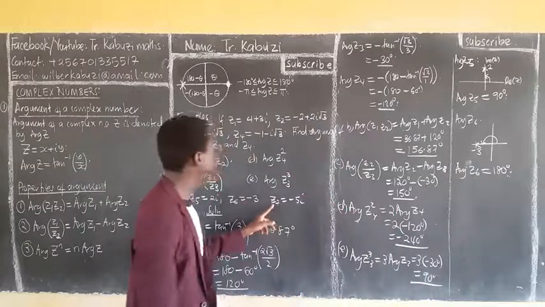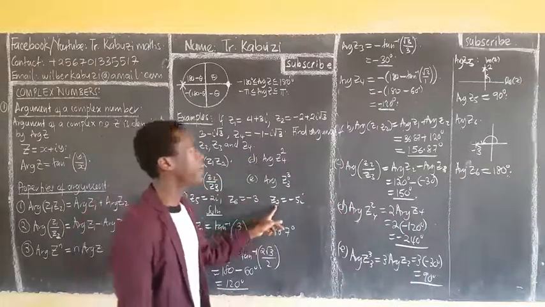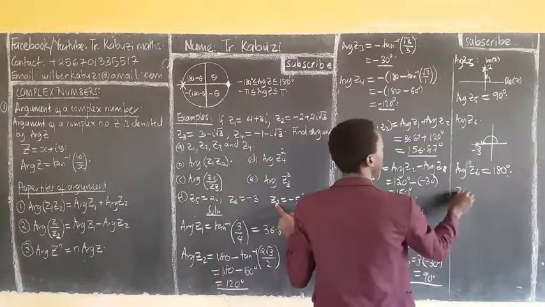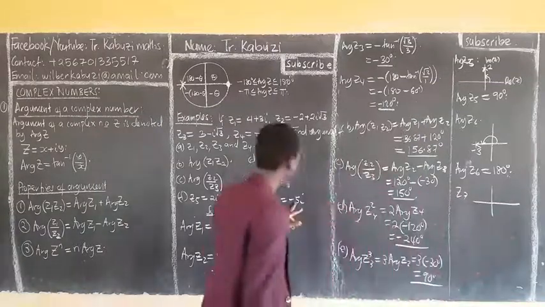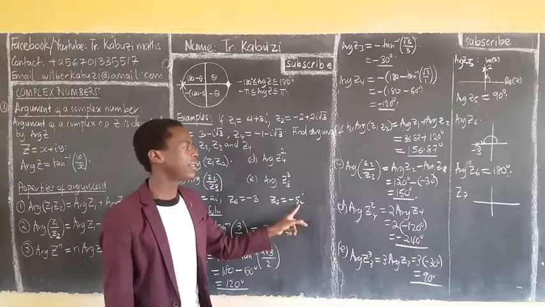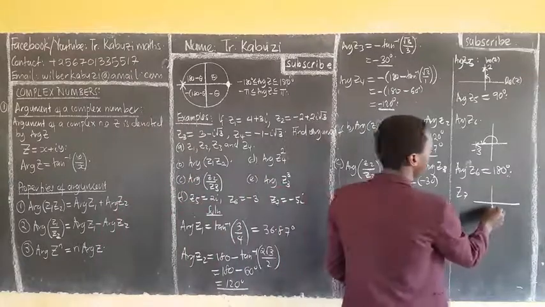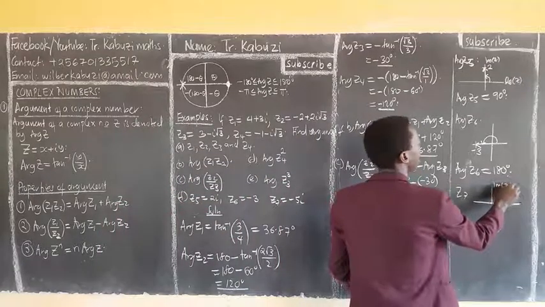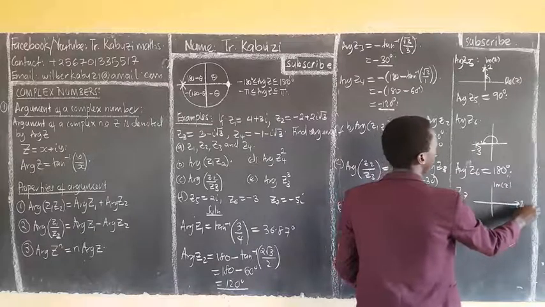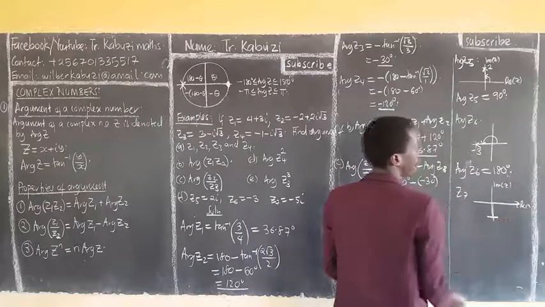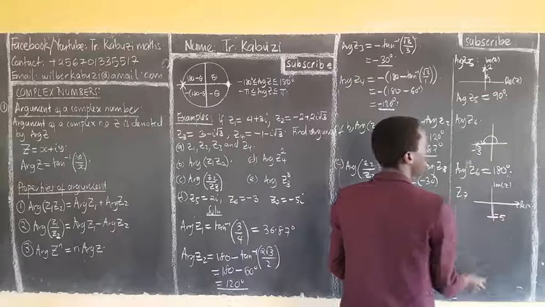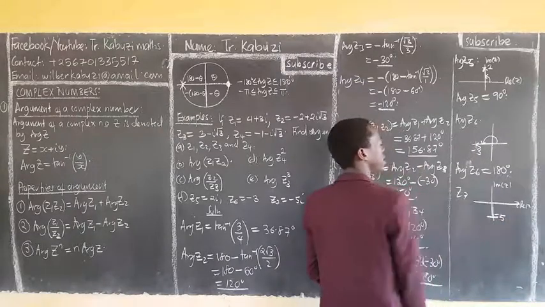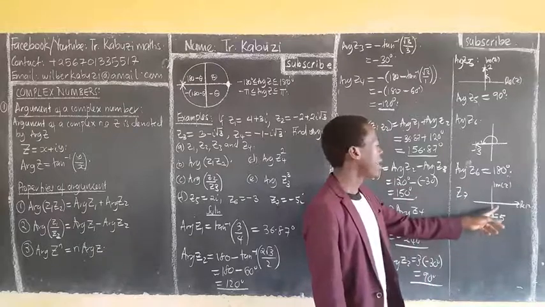When I come to this now, you start with Z7. You first plot it. My Z7 has imaginary only, but it's negative. This is the axis for imaginary, and this is the axis for real. Because it's negative, it's going to be negative 5, but we don't put i because it's the imaginary axis here.